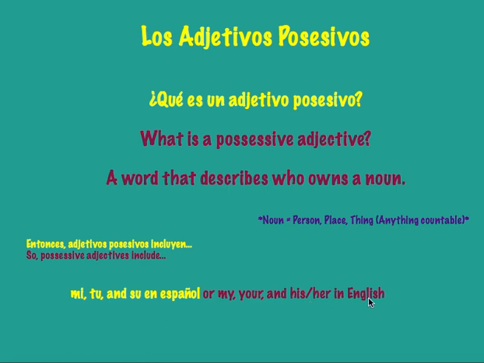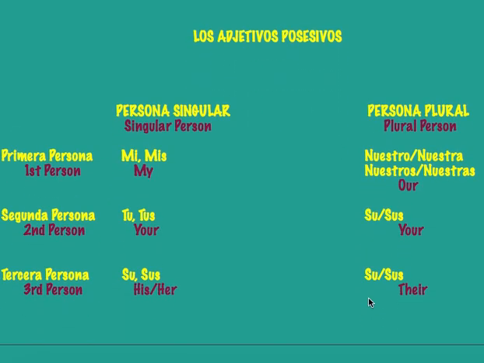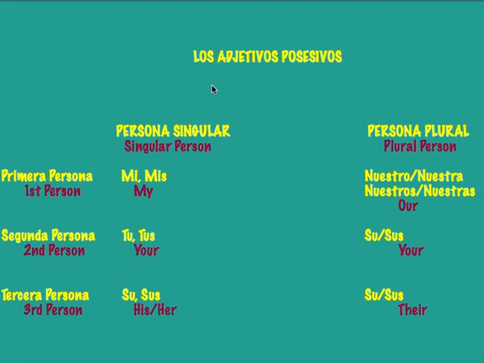Well, let's go ahead and take a look at these possessive adjectives and see how they work. Again, we have a chart, and this chart is divided mostly by person, just like your conjugation chart where you have first, second, third, and then singular and plural. This is divided the same way. Now, within each category, there are going to be further subdivisions, and I will explain those as we go along. First person singular is I or me.